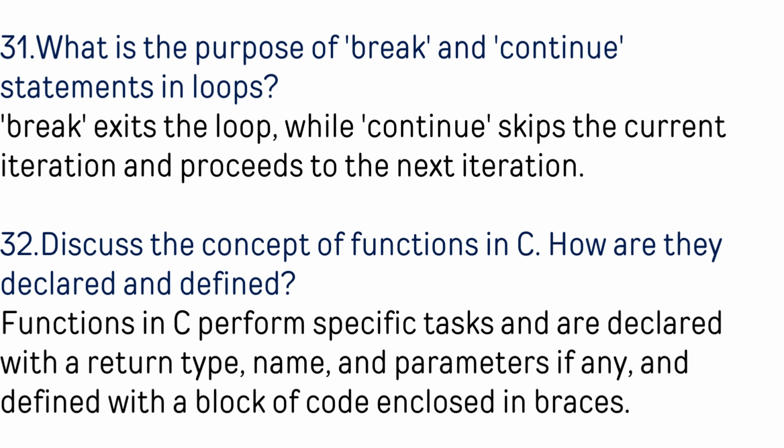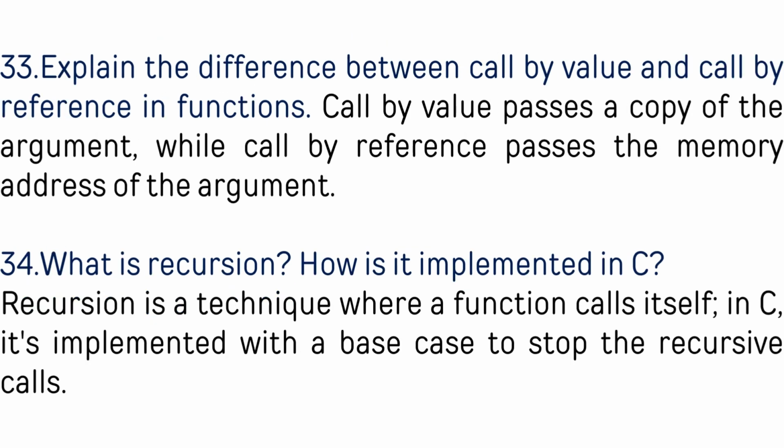32. Discuss the concept of functions in C. How are they declared and defined? Functions in C perform specific tasks and are declared with a return type, name, and parameters, if any, and defined with a block of code enclosed in braces. 33.